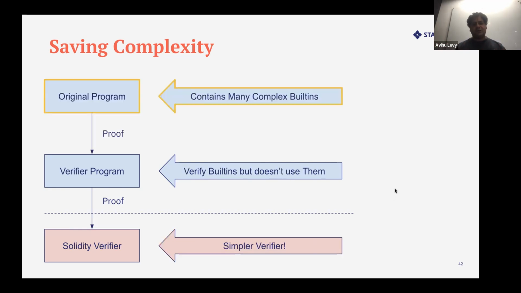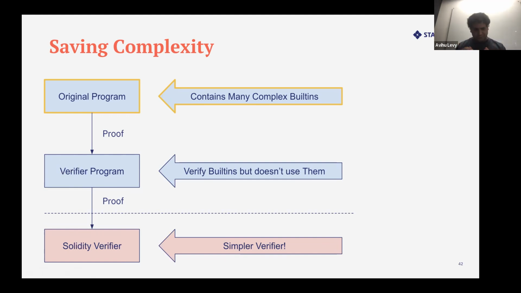But with recursion, we can now avoid it, because with recursion, the Solidity verifier is good enough with just knowing the built-ins that are required to verify the last recursion step. So everything that it needs to know, it will know, but all the other built-ins that are not being used in this recursion step can be incorporated only in layouts used by verifiers in Cairo and never reach the Solidity layer.